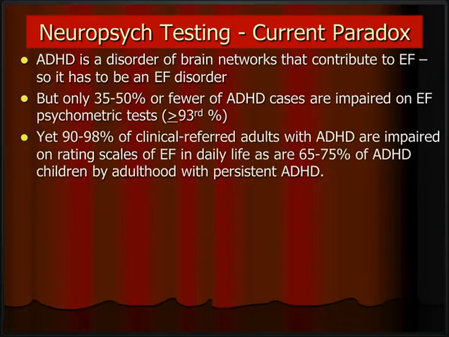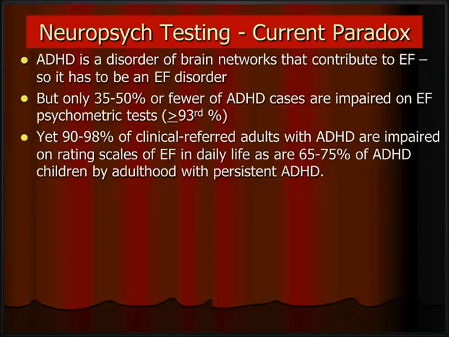In contrast, when rating scales are given that measure executive functioning, nearly all individuals with ADHD who are clinic referred score in the impaired range. And in my Milwaukee longitudinal study, we found that of the ADHD children followed to adulthood whose ADHD had persisted, 65 to 75% of them fell in the impaired range on an executive function rating scale.